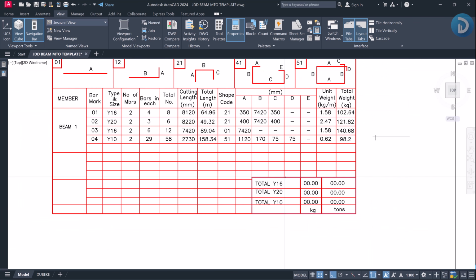For the diameter 16 reinforcement, what we need to do is add this to this.